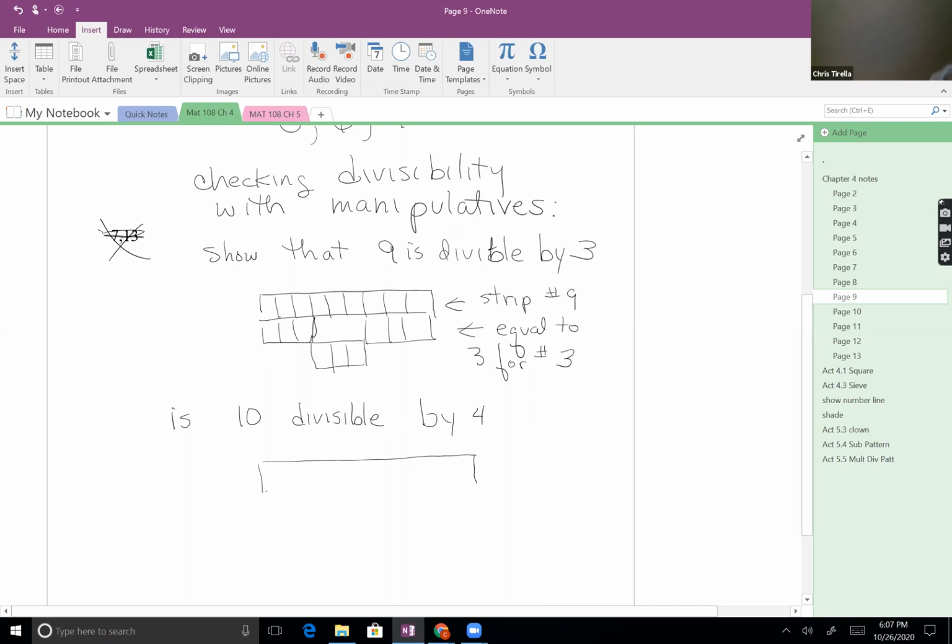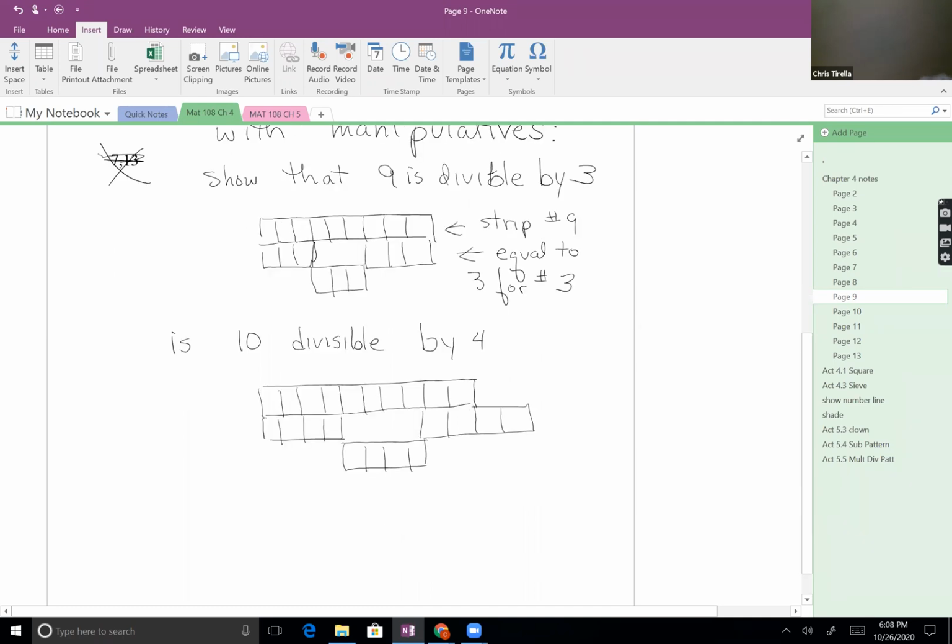Well, I could take a strip that's 10 long, and if I start comparing it with strips of length 4, there's 1, there's 2, and then, oh, if I go for a third one, it's too long. And so would this arrangement show a child that no, 10 is not divisible by 4?